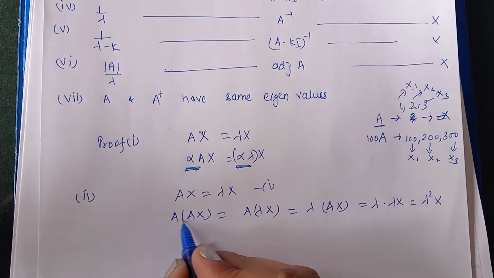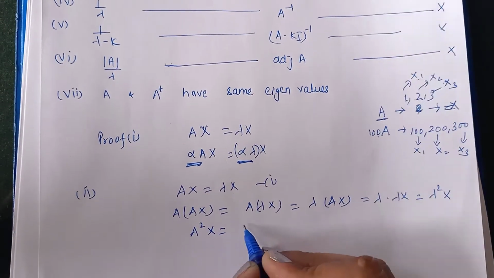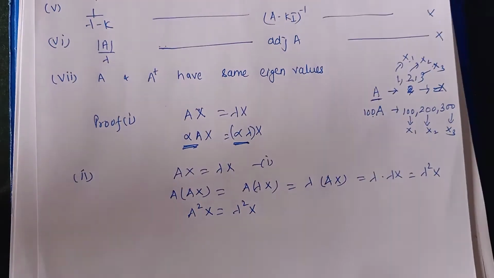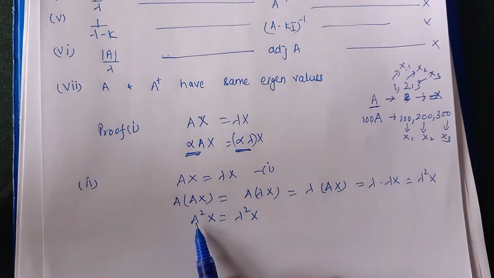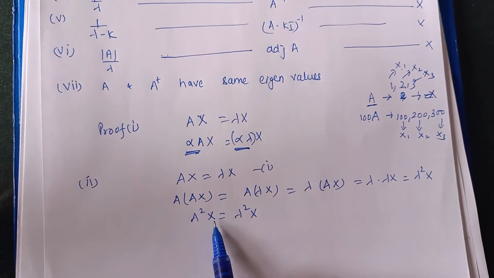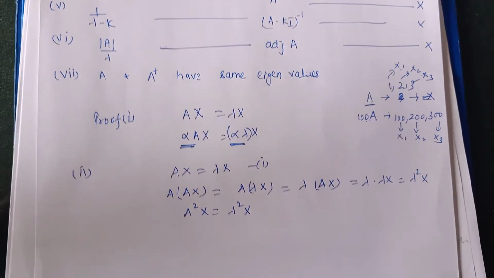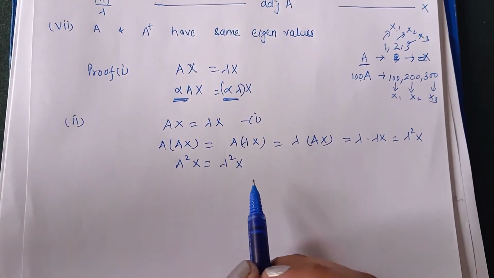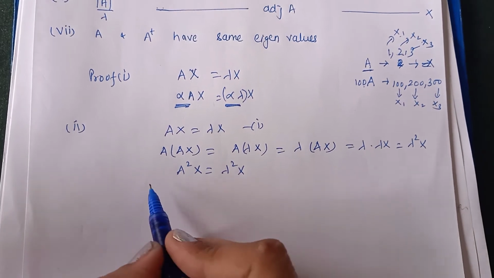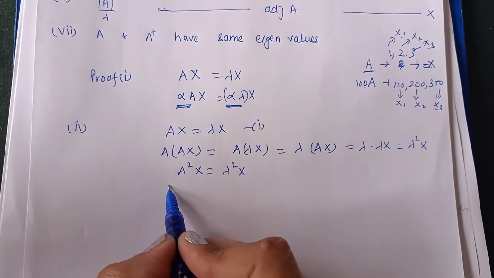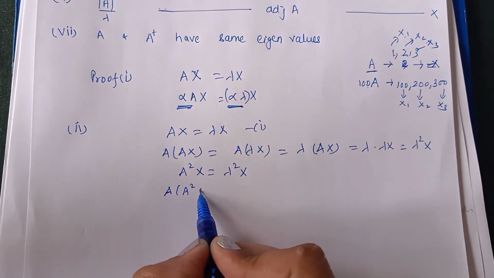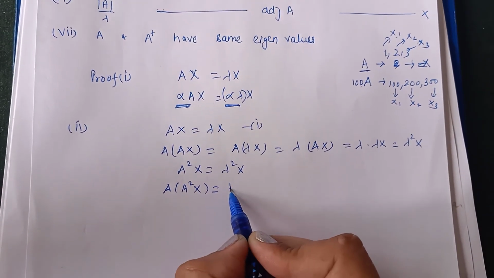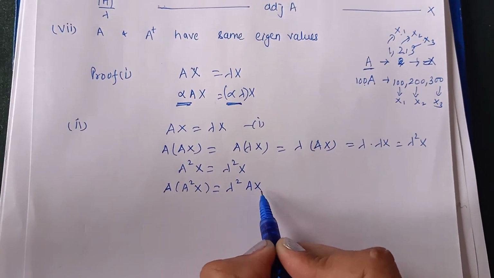So what have we proved? We have proved that A square x is equal to lambda square x. That is, the eigenvalue of A square is lambda square, corresponding eigenvector is x only. Now again proceeding similarly, if we multiply both sides with A, this lambda square is a scalar, it can go out like this.